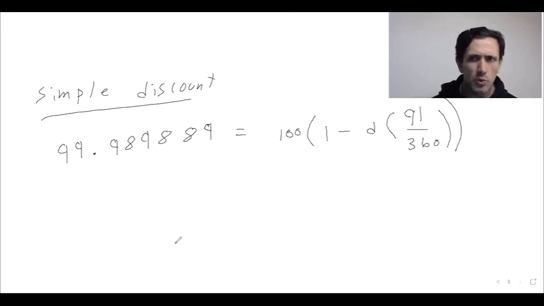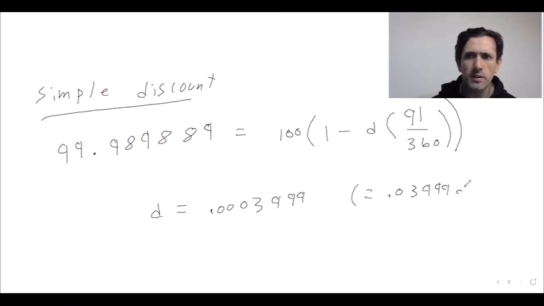You solve for d, and we get 0.003999, which is a discount rate of 0.3999%.